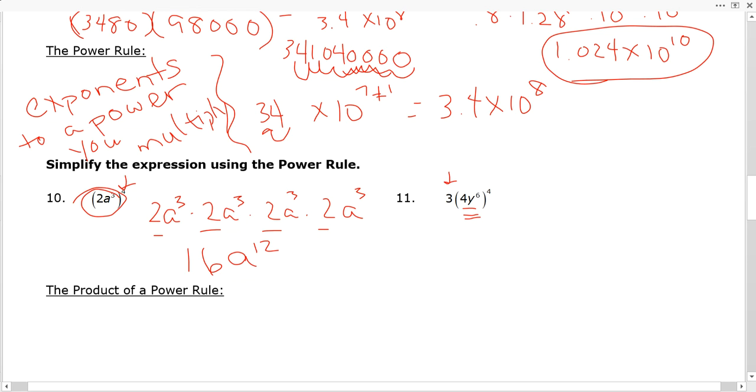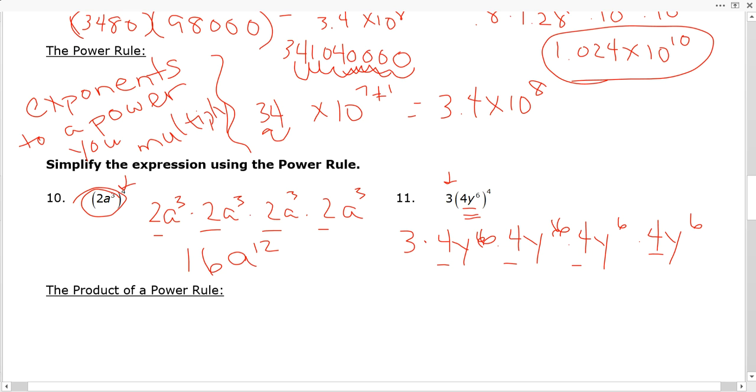Okay, so number 11, here's my base. My 3 is not part of my base. So my 3 just stays out here by itself. But I'm going to write 4y to the 6th. How many times? 4. Very good. That's a 6, and that's a 6. Okay, so I have 4 times 4 times 4 times 4. That's 16. That's 64.